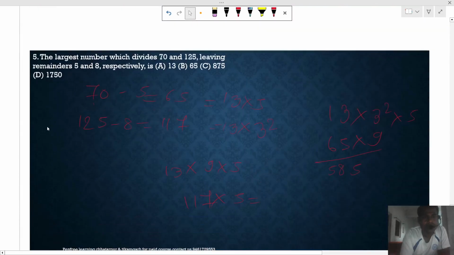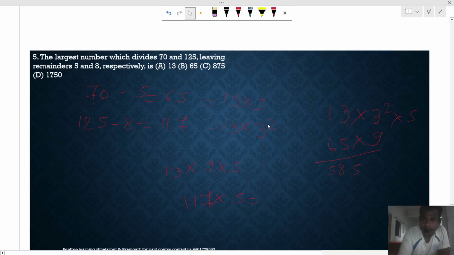Next, this question will be the same type. Leaving remainder: minus remainder, 17 minus 5 is 65, 120 minus 8 is 117. Next, prime factorization: 13 into 5, 13 into 9.